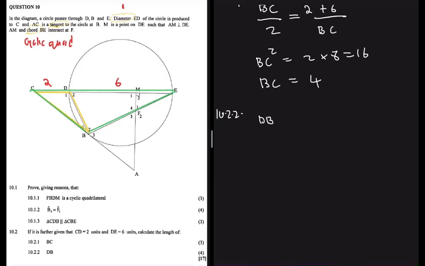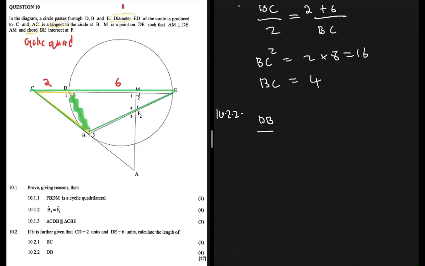So let me just erase that marking I had done for BC, and let us look at DB. DB is our second largest side on our small triangle, right?